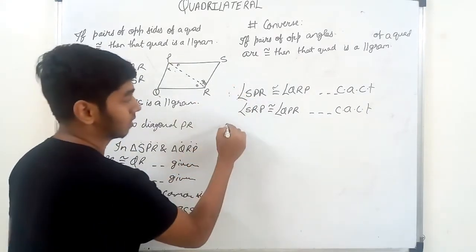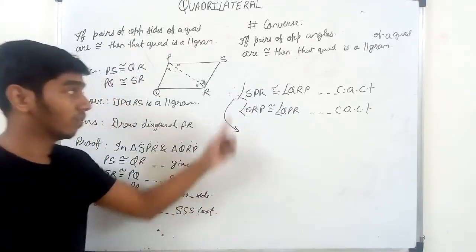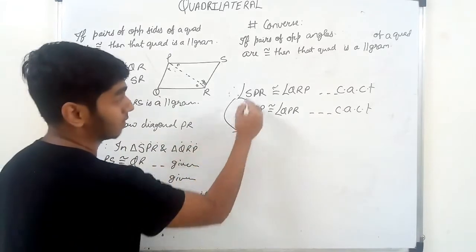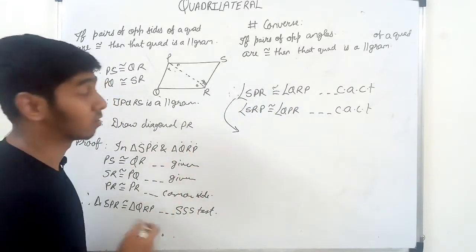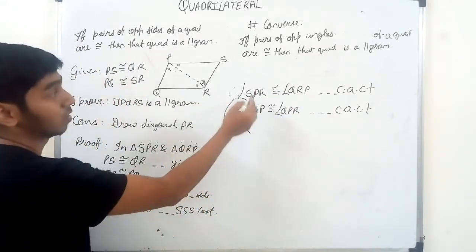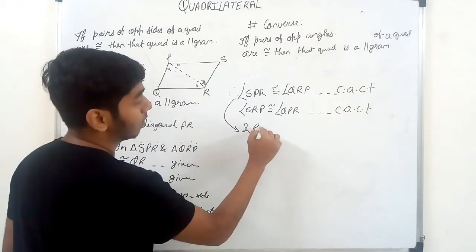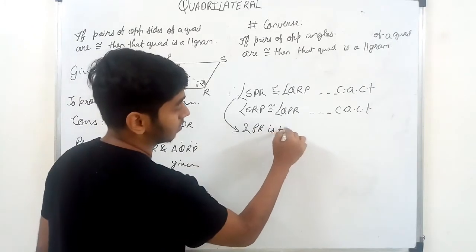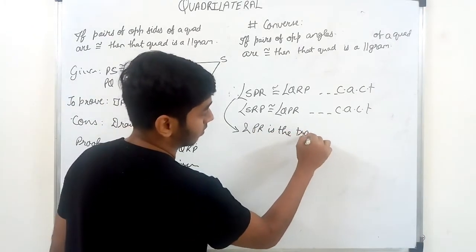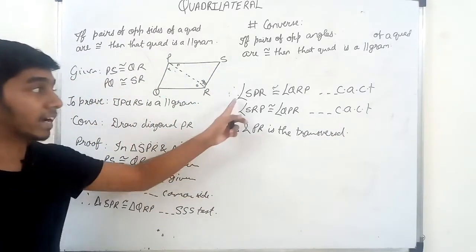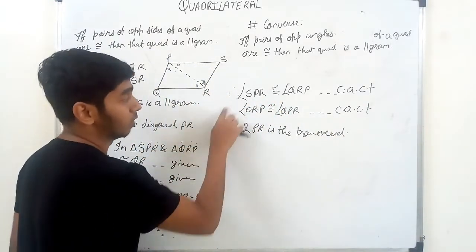Now for SPR and QRP, if these two angles are congruent, and PR is the transversal, so write this first, or I'll do it once again.